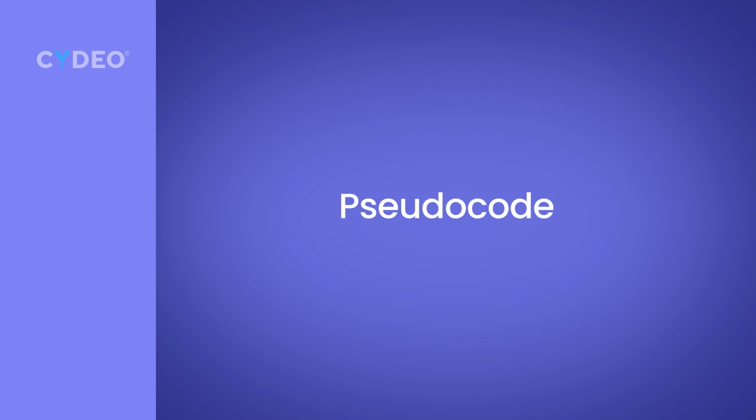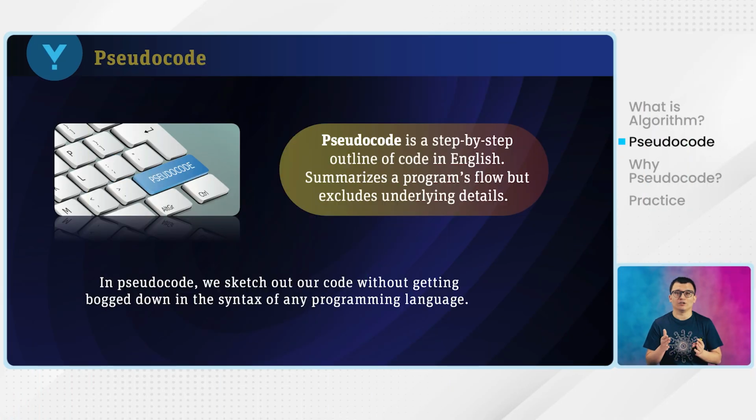So the pseudocode is basically a high level description of the steps involved in an algorithm. It is written in a syntax that is similar to a programming language, but it's not tied to any programming language. It allows programmers to use English-like sentences to write an explanation of what the program is supposed to do.